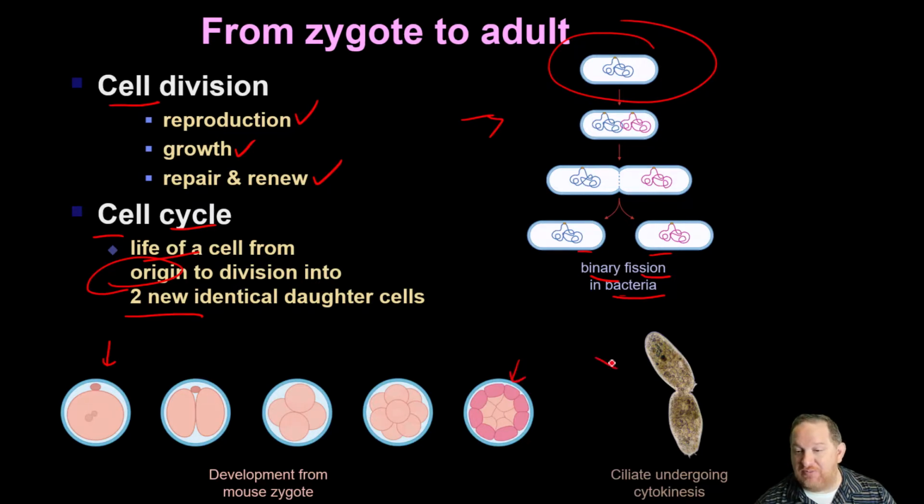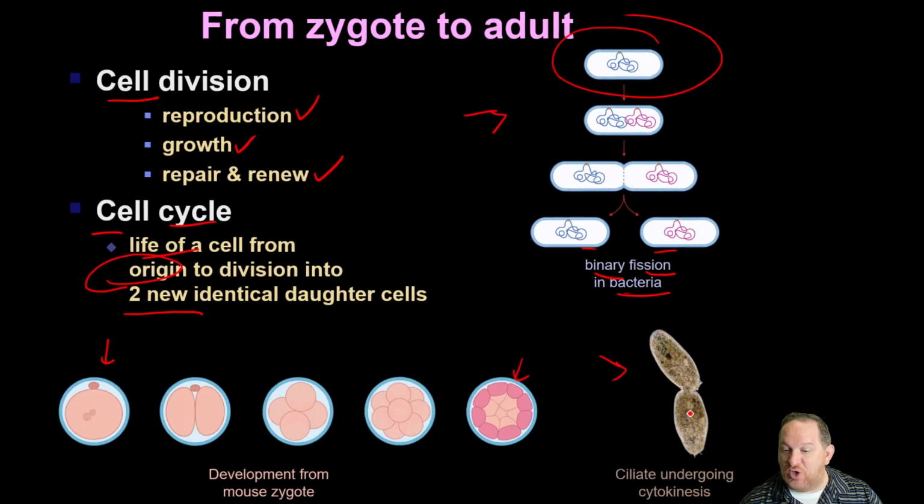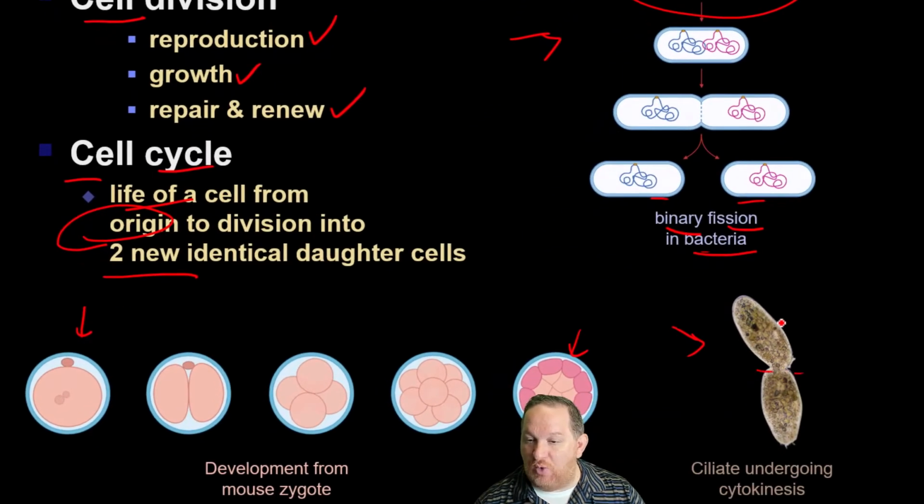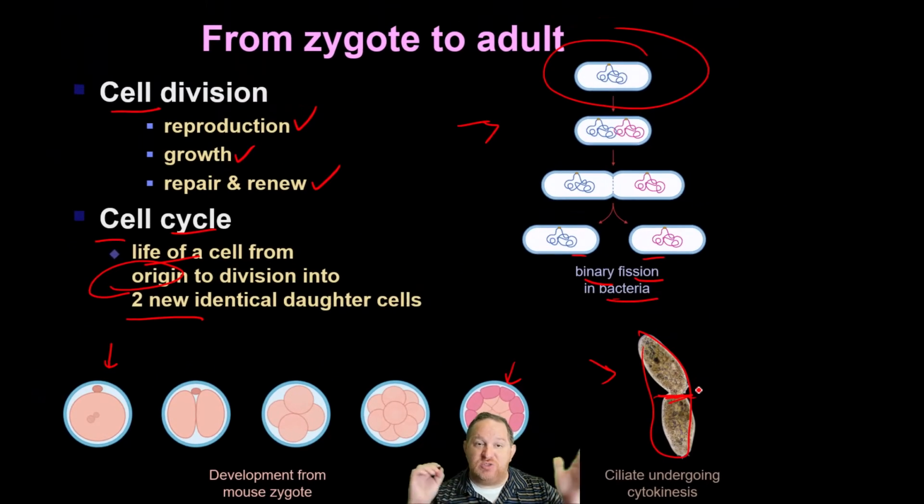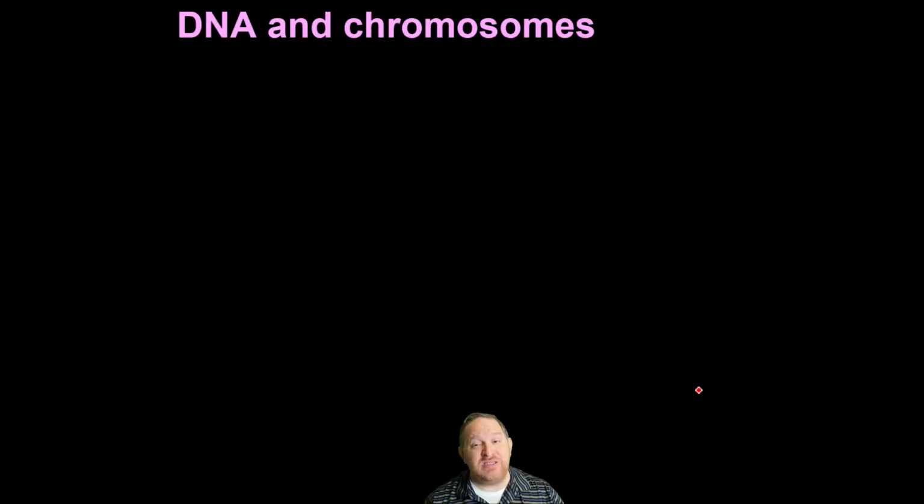Here's another example of a ciliate that's undergoing cytokinesis, this final step where one divided into two. So you can see this used to be one, and then it has finally divided into two different ciliates, okay? So how do we go from zygote to adult? We divide to multiply.